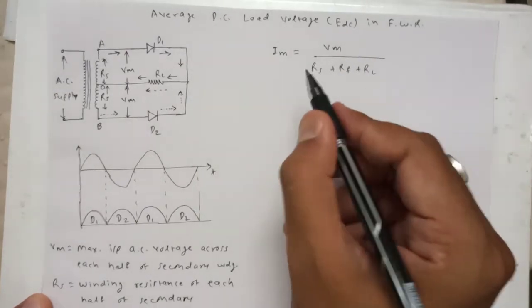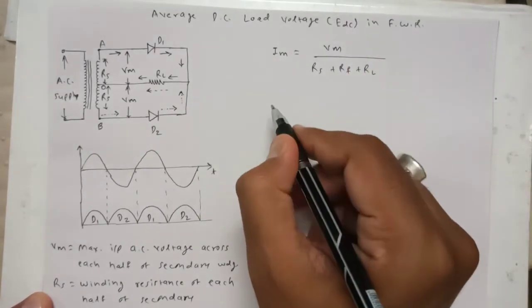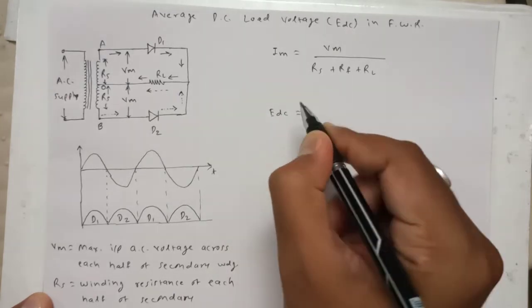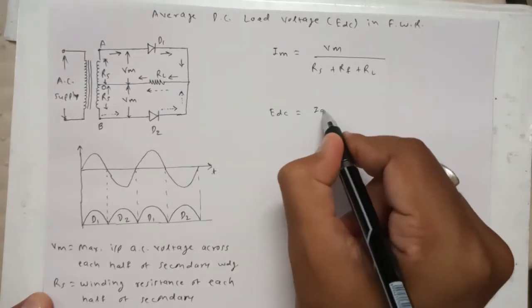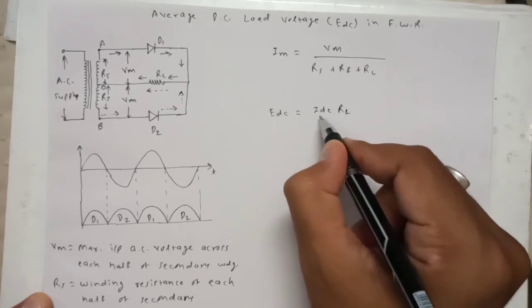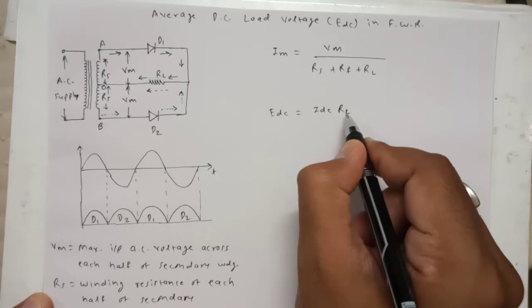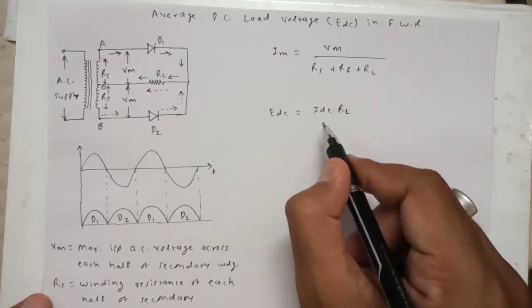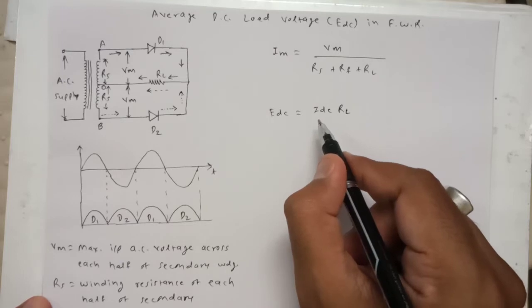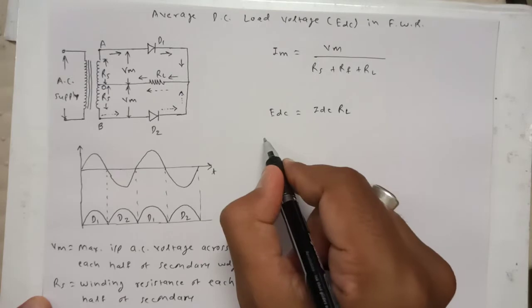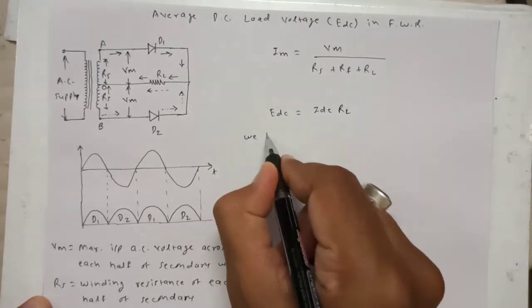Now the equation for EDC, the average DC load voltage, will be given as EDC is equal to IDC into RL. It is nothing but the equation V equals I into R. We have already seen the equation for IDC earlier in the lecture.